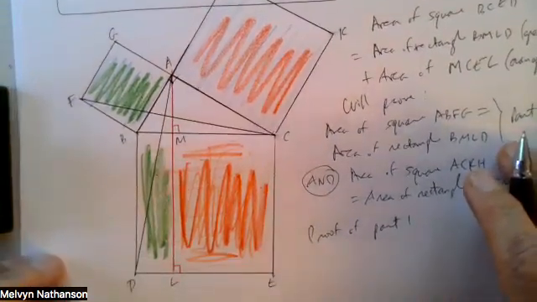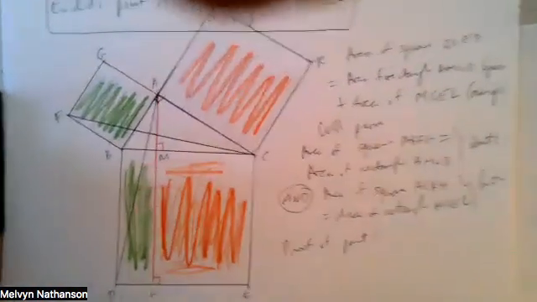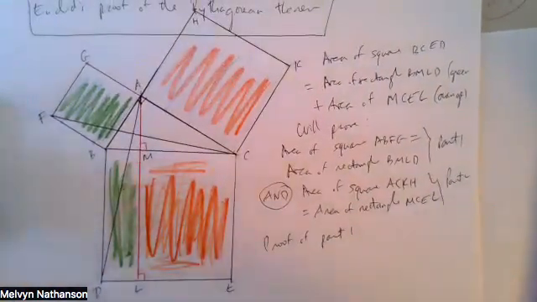So we have a picture that's getting more and more complicated. But for the moment, we're not going to draw any more lines, right? In order to prove part one, we have everything we need.